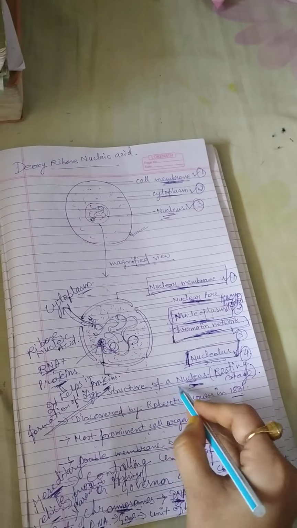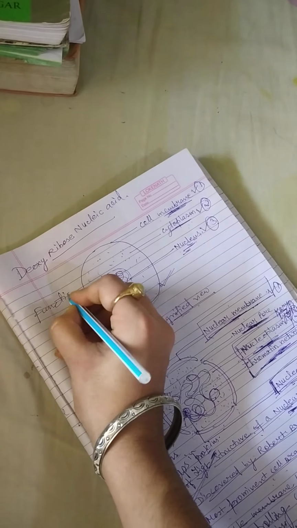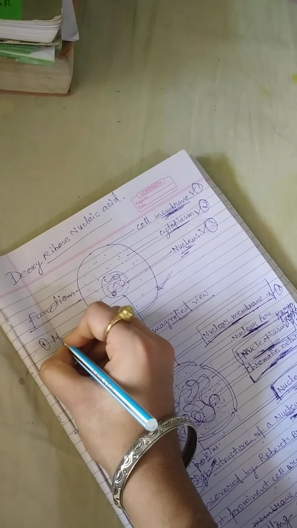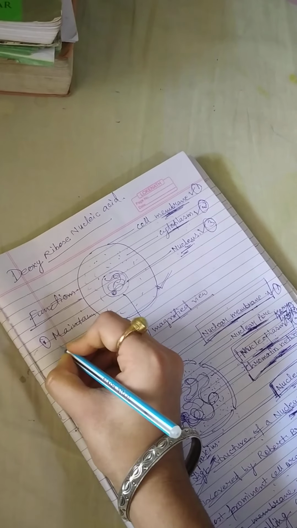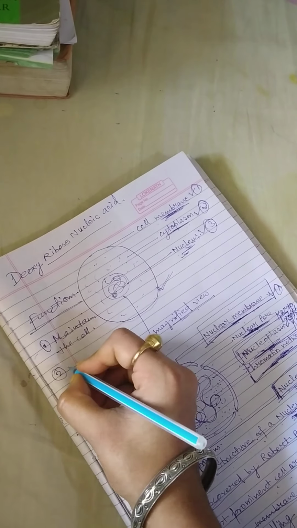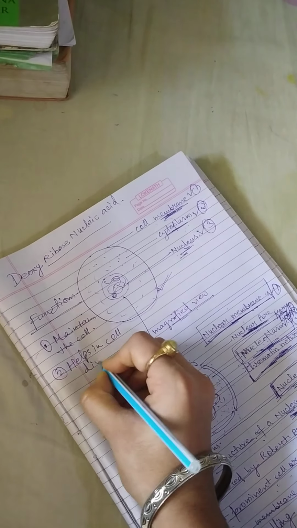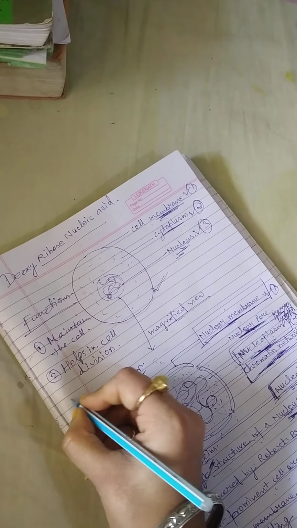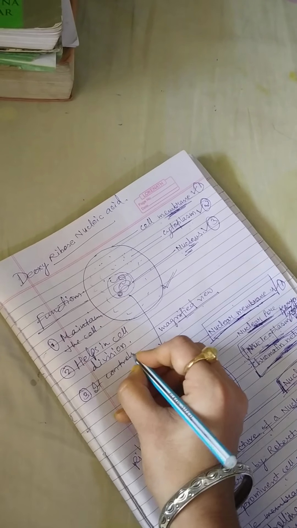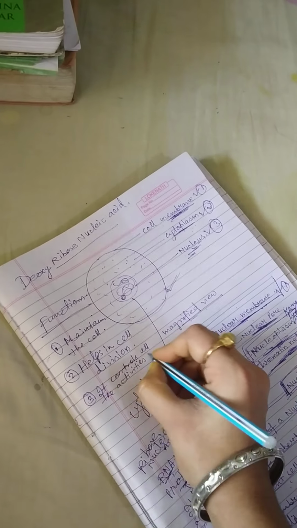Now, apart from this, the nucleus has so many important functions. Okay, the first function of nucleus is it maintains the cell. Okay, number 2, it helps in cell division. Okay, number 3, it controls all the activities of cell.